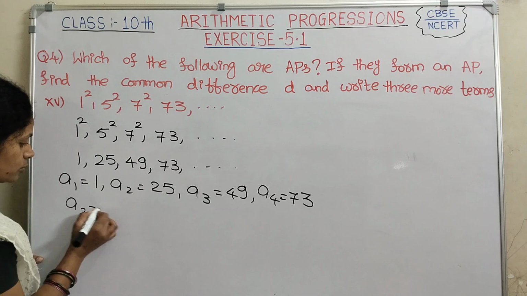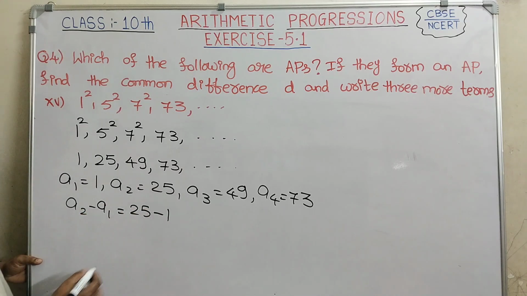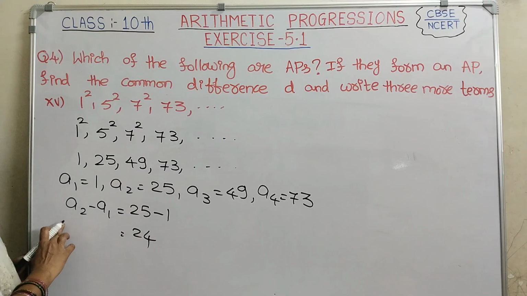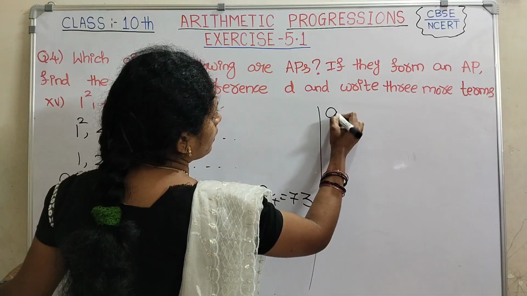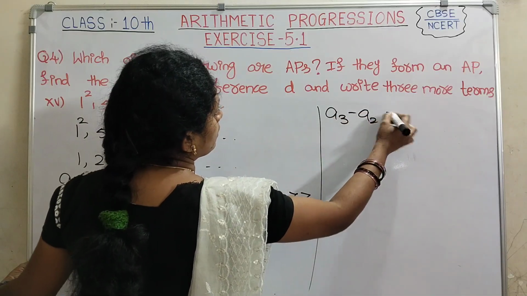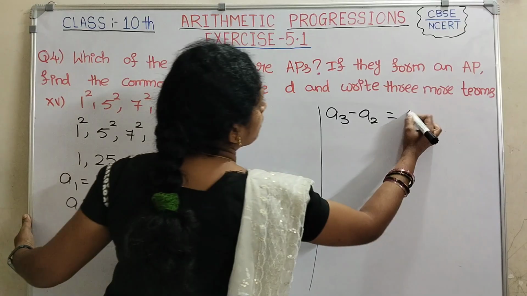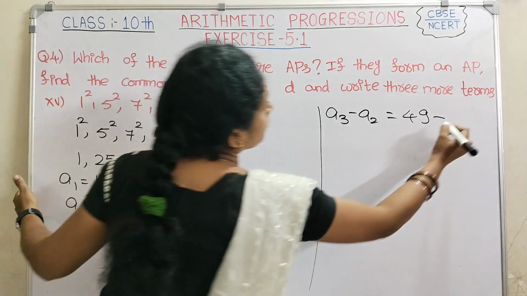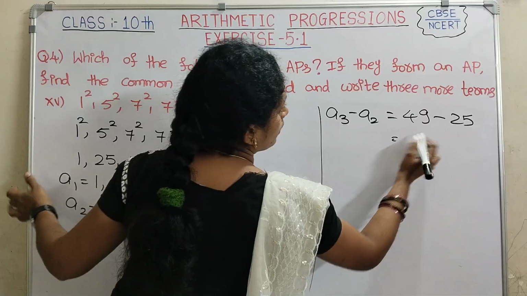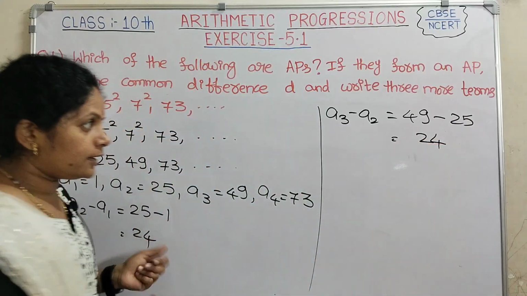Calculate A2 minus A1. 25 minus 1 is 24. Next, get A3 minus A2. A3 is 49, A2 is 25. 9 minus 5 is 4, 4 minus 2 means it is 24.